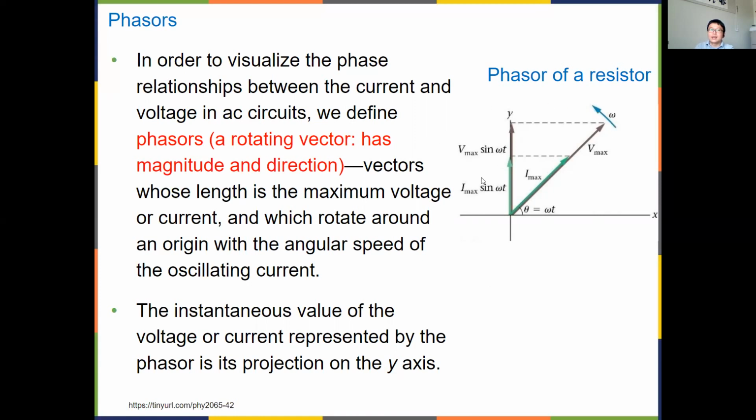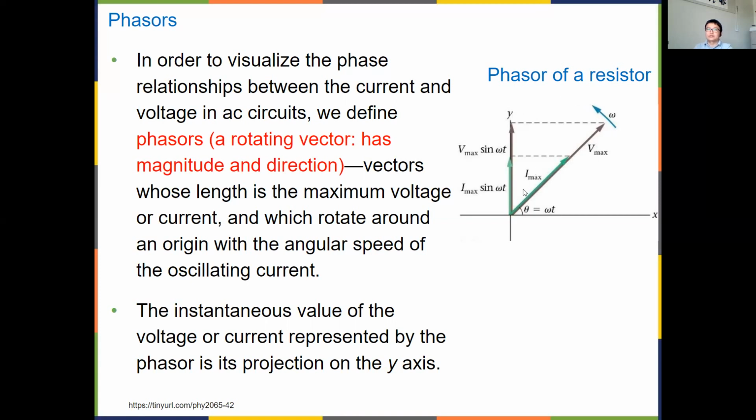At any instant, the value of voltage or current is the projection of this vector on the y-axis. In this case, you can see the green vector here is your maximum Imax vector, rotating with omega angular velocity.